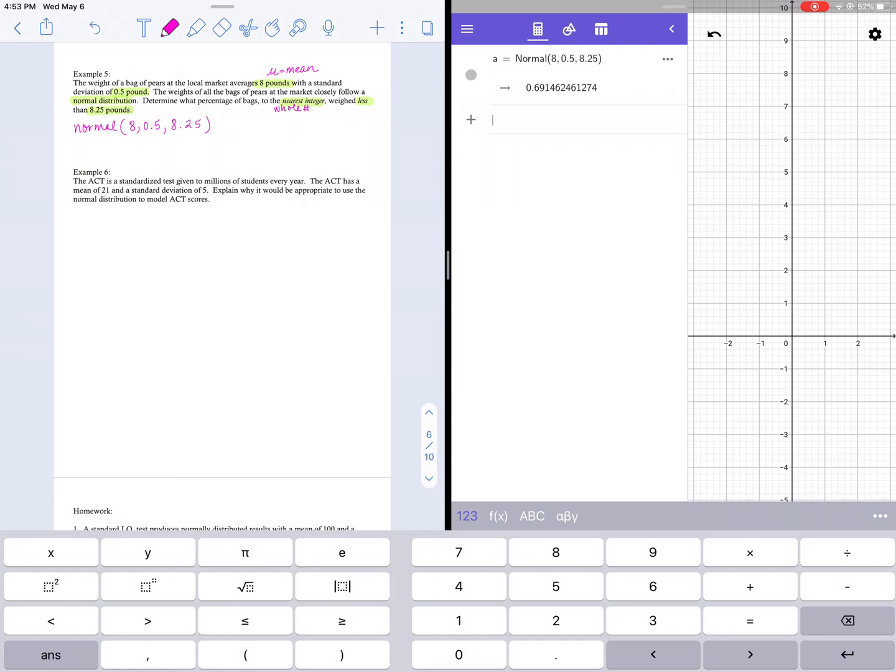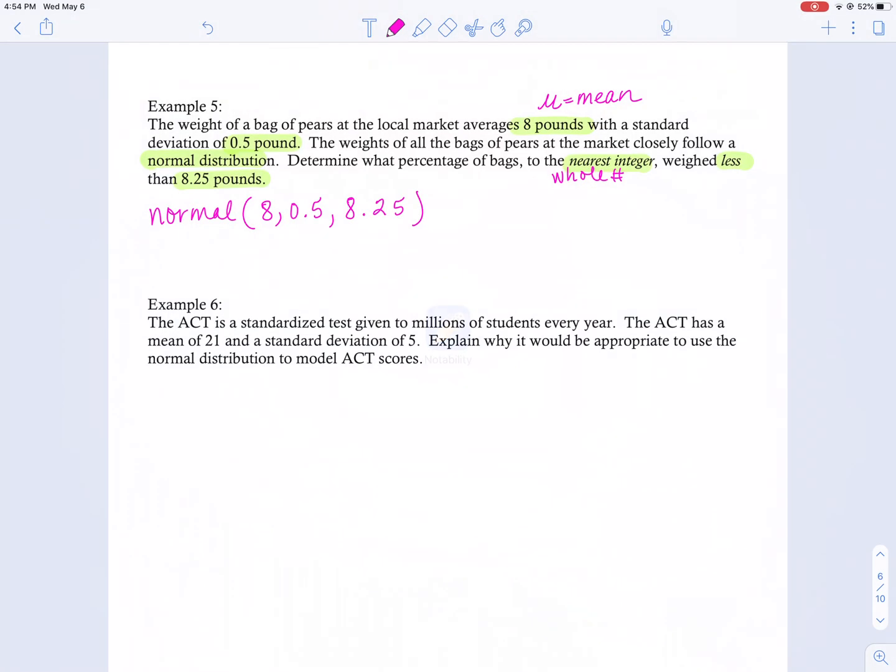About, okay, what do they say, to the nearest integer? So it's 0.691, I'm going to write first, which is about 69.1, so I would say 69%. What percentage? Whole number, 69%. Okay, so literally if I wanted to show my curve, not the greatest, but good enough, right?